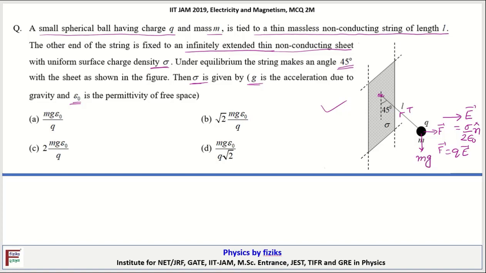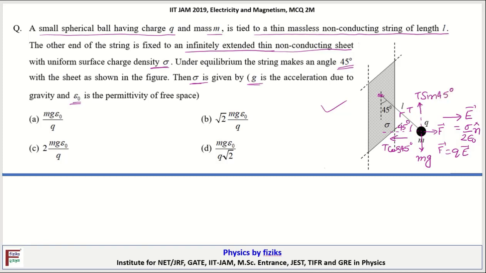We can resolve T into a horizontal component and a vertical component. This angle is also 45 degrees.